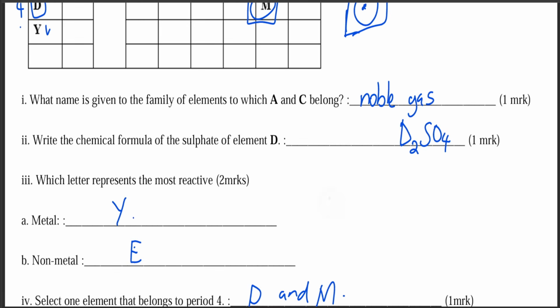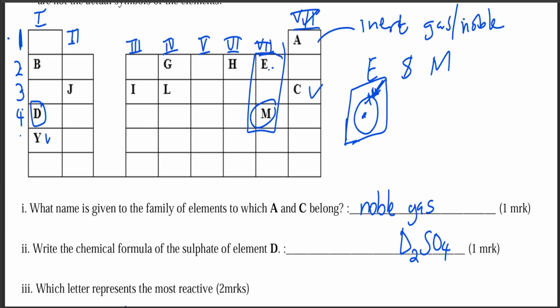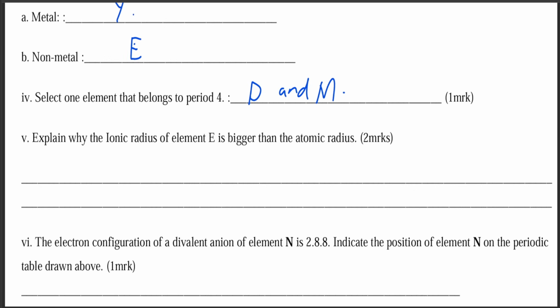Element E iko wapi? Element E iko group 7 na iko katika period 2. So element E group 7 period 2, and how do you write this? Tutaiandika kama 27. Sawa. Now element E ni 27. Element E kama ni atom ni 27.